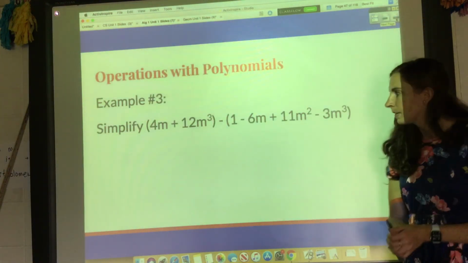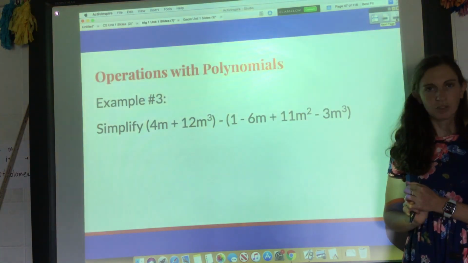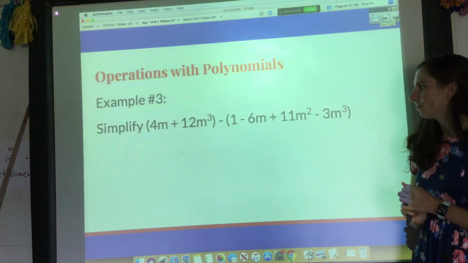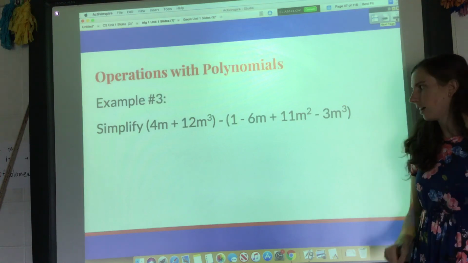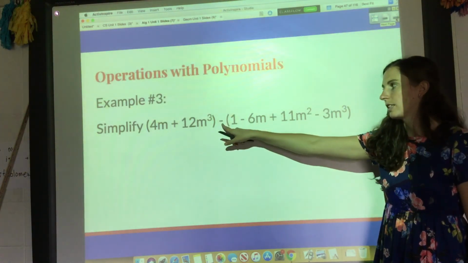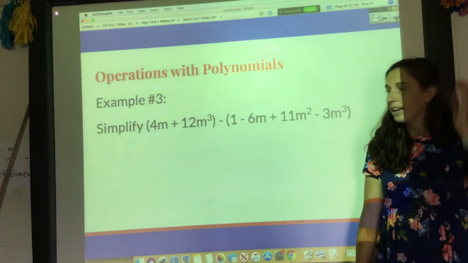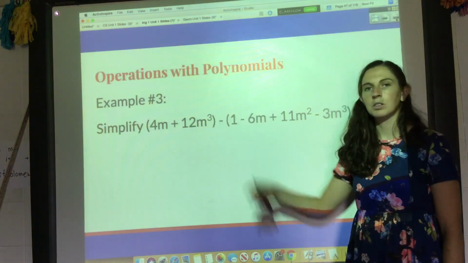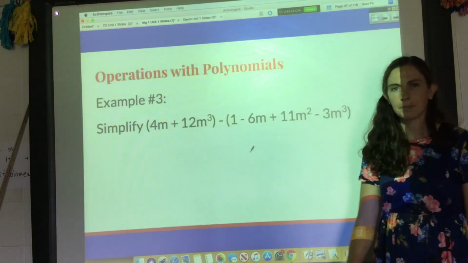All right, see if you can spot the difference with this problem. This one's different because it's a subtraction sign. So instead of adding these two polynomials, we're going to subtract them.